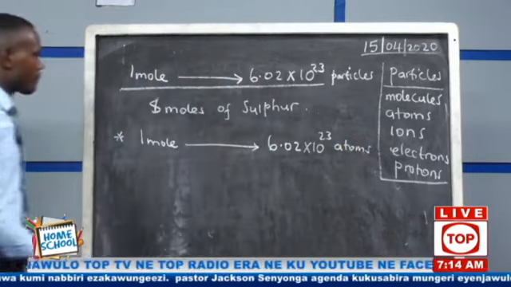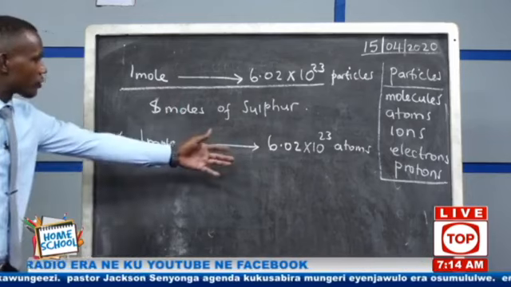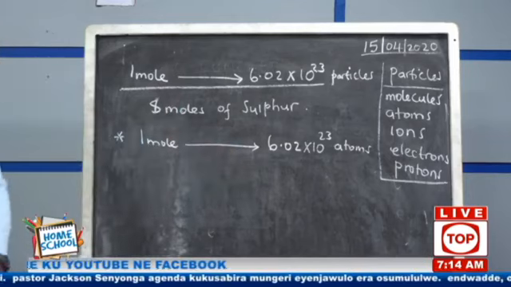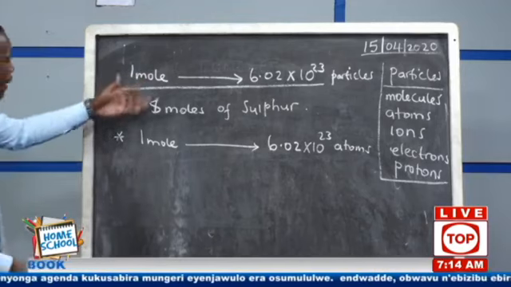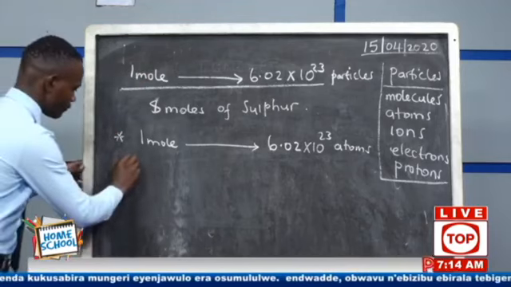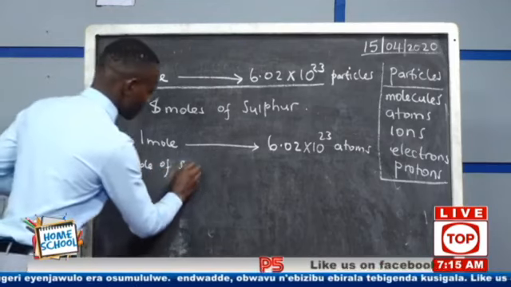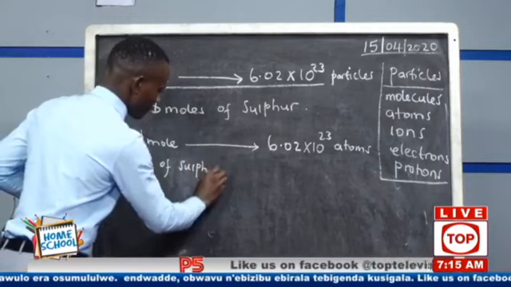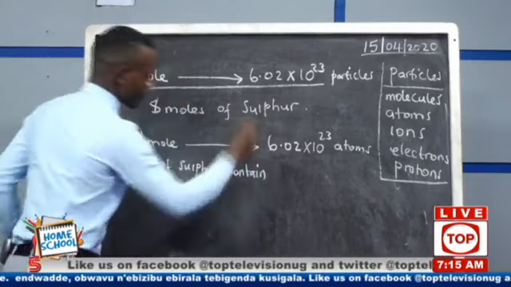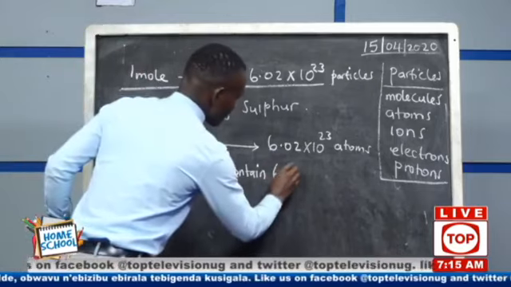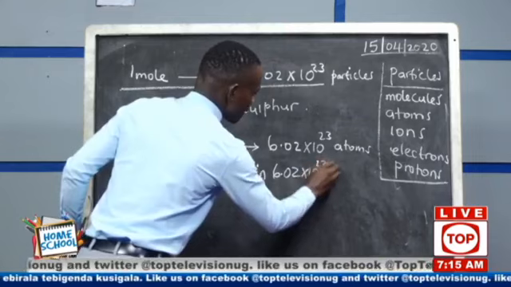Now we are saying that 1 mole of sulfur contains 6.02 times 10 power 23 atoms.